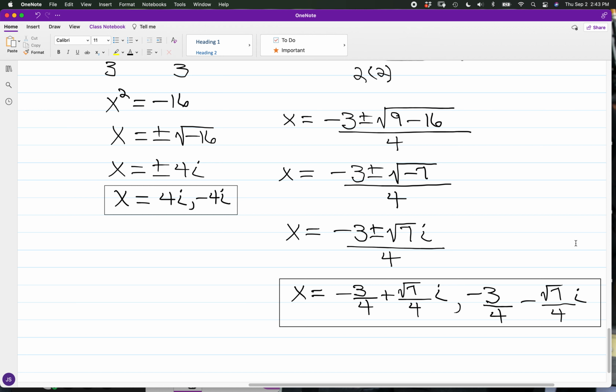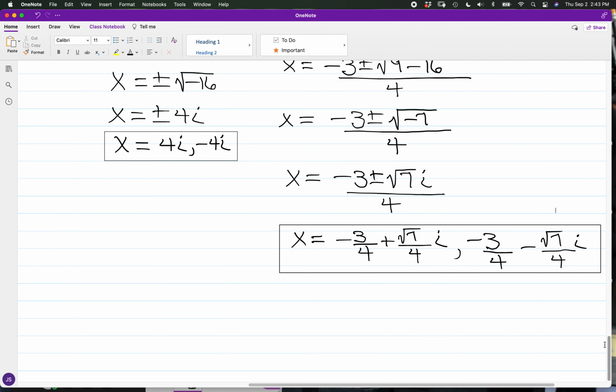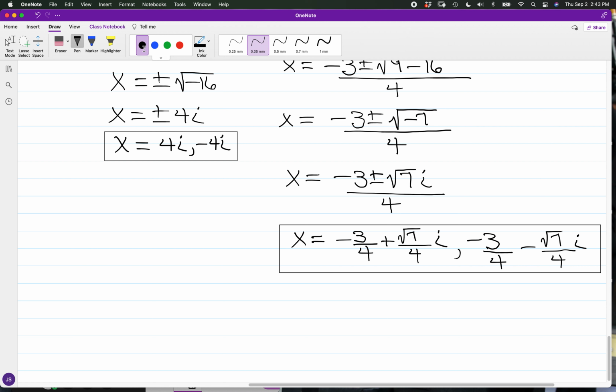All right, so these are going to be our solutions, and again we have complex roots. Now for the held-over book problems from section R.6, we have number 68, where we are solving for a different variable.